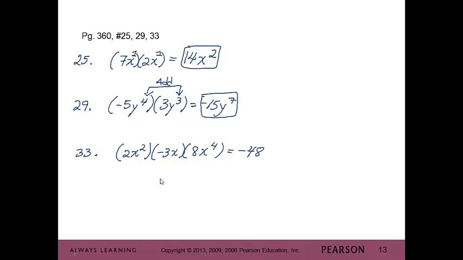And then we're going to multiply our variables together. So x squared times x times x to the 4th power. Remember, when we're multiplying the like bases, we're going to add our exponents. So 2 plus 1 plus 4, which is going to give us x to the 7th power. So our final answer is negative 48 times x to the 7th power.